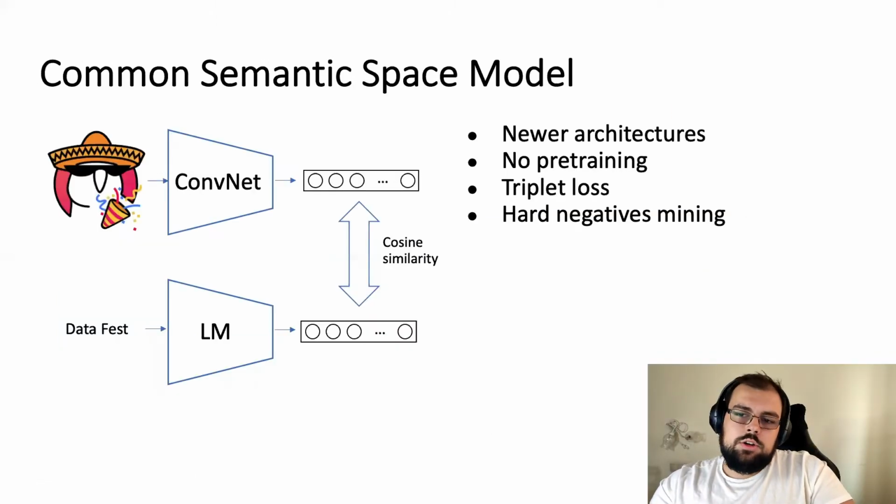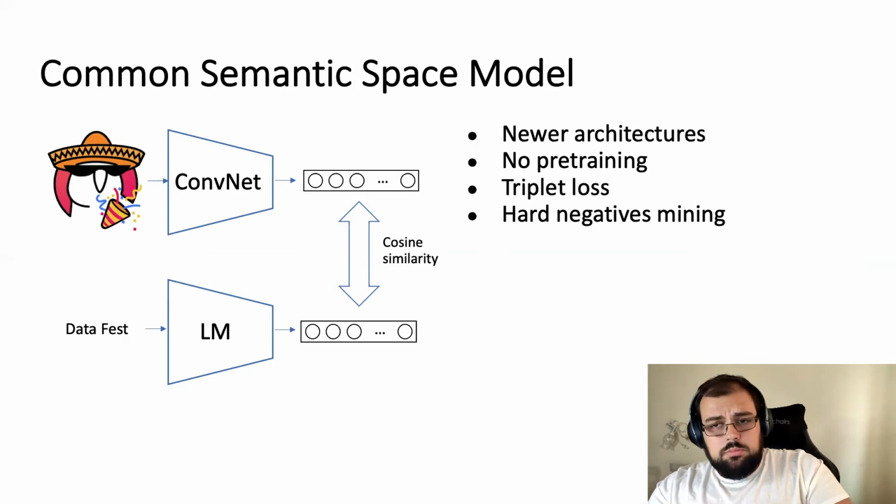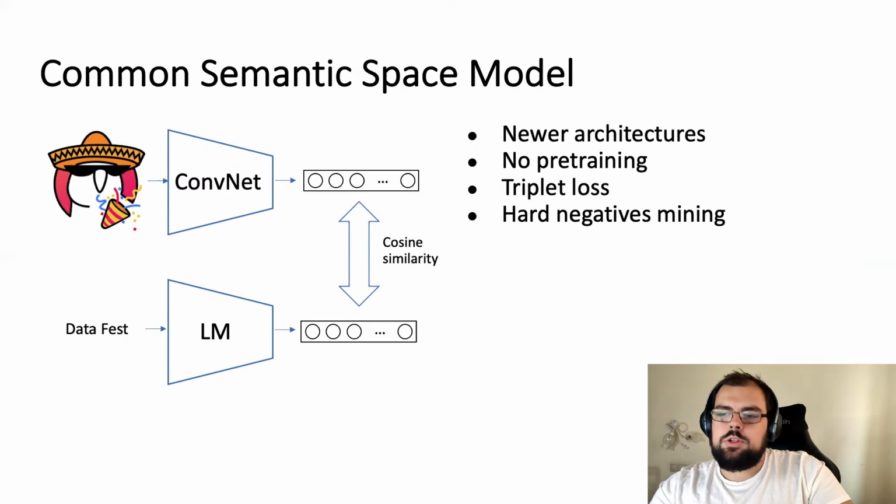Over the seven years, a lot has changed, but the main concept still stays the same. We have two neural networks, one convolutional neural network for images that outputs a vector, and a language model that outputs a vector in the same latent space. And by taking cosine similarity between them, we can find out how close semantically those images and text are.